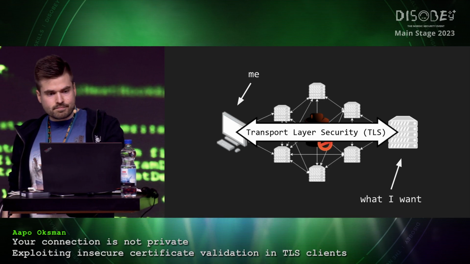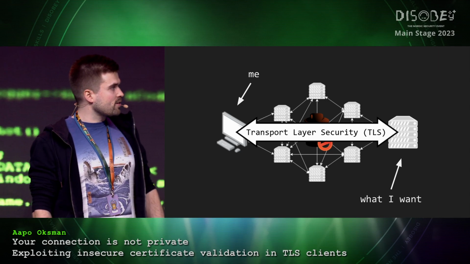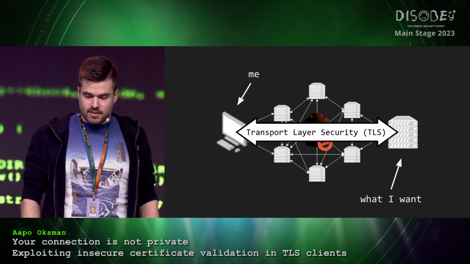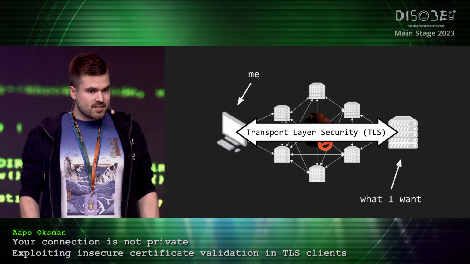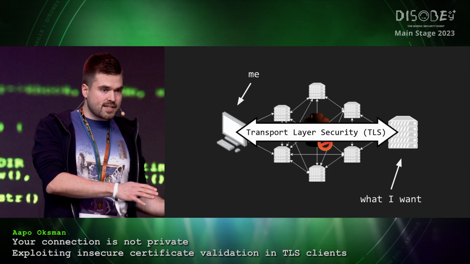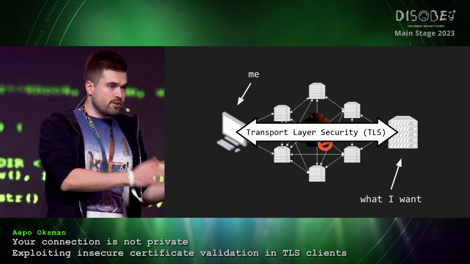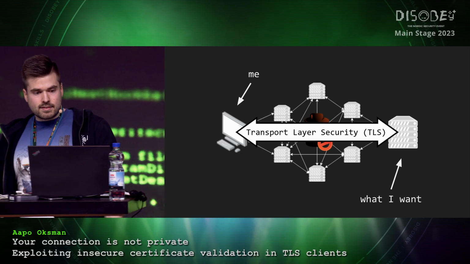And TLS, Transport Layer Security, I think it comes from the fact that it secures the transport layer. So transporting data securely from somewhere else to you and you to somewhere else. And this is simple.